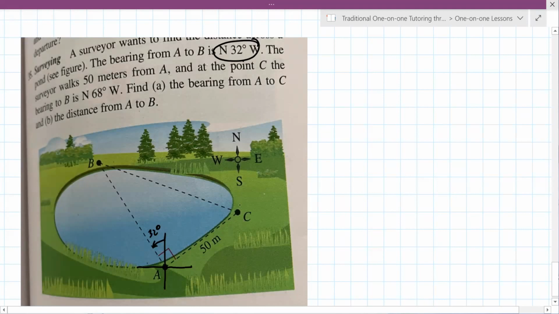So from C, the bearing to B. If we go like this again, the bearing is north 68 from west. So you go north and then that's 68 degrees. Which I still don't find particularly helpful, because okay, so we can find out.